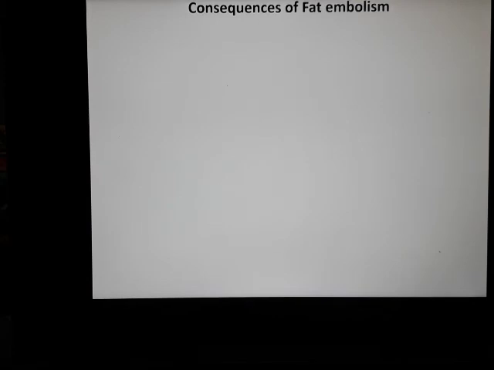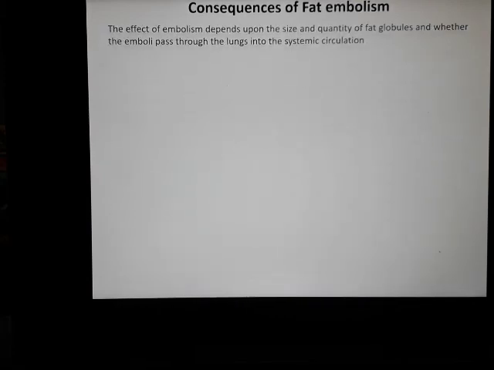Then what are the consequences of fat embolism? The consequence depends upon the size and quantity of fat globules and whether the emboli pass through the lungs into the systemic circulation. So there may be two consequences, due to pulmonary fat embolism and due to systemic fat embolism.